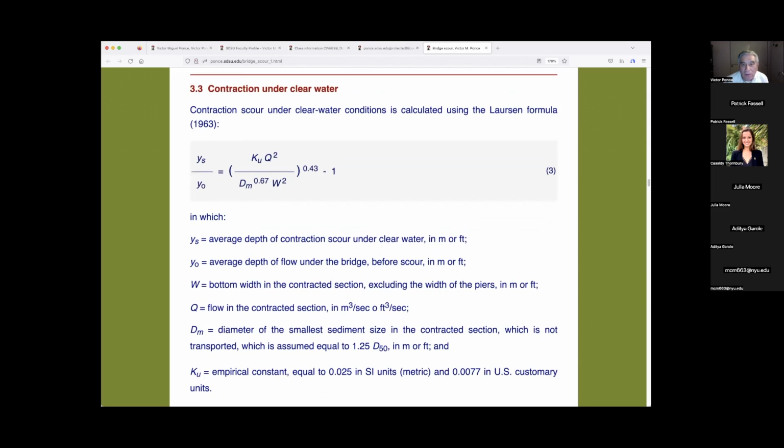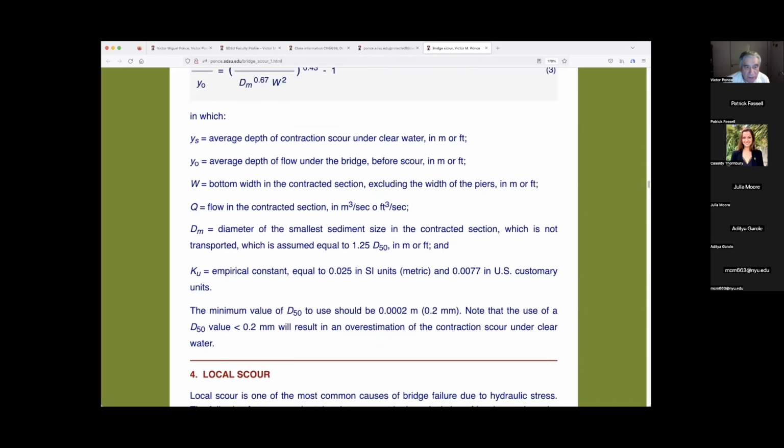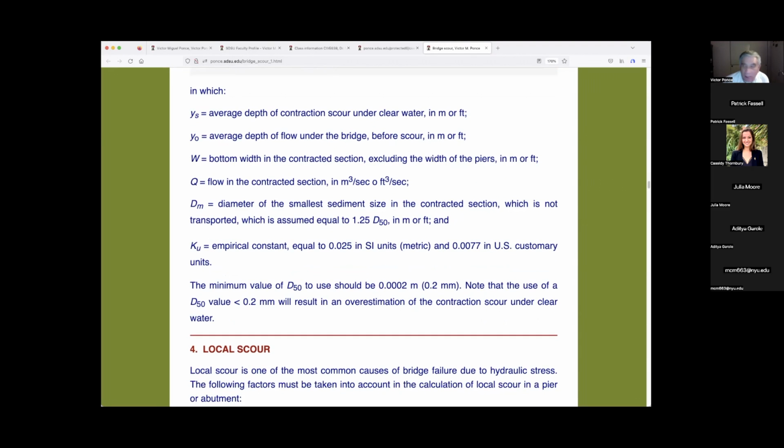Contraction scour under clear water is calculated using the Larson formula, 1963. And again, this formula is also empirical. These formulas have been widely accepted. I guess they are the only formulas, so people, if they want to do some modeling for scour, have to use these formulas. And I presented to you the formulas that are more popular in the US.